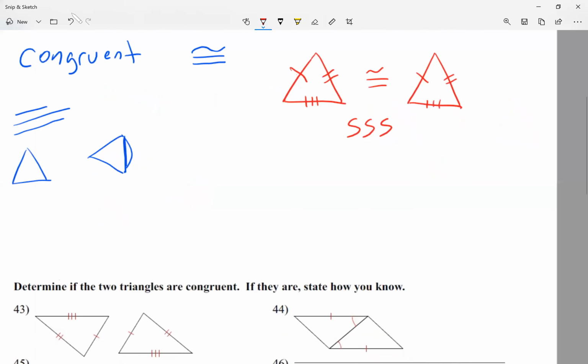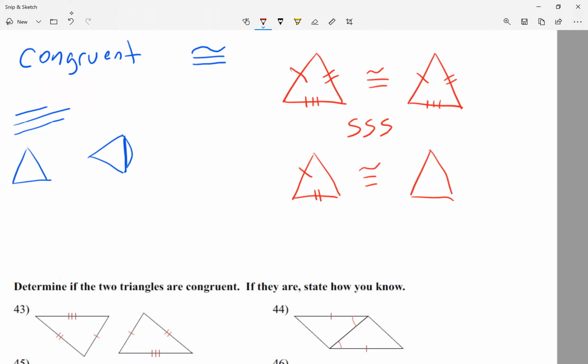Now, there's another rule. I'm going to have two triangles, and I'm going to say they are congruent if, and this is actually one of the constructions I gave you as well, I have two sides only, two sides of one triangle, and the included angle.